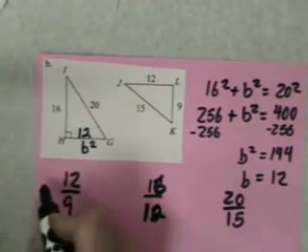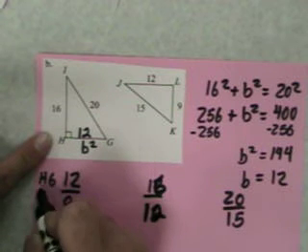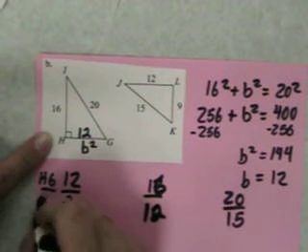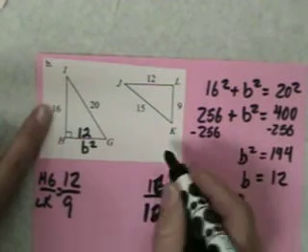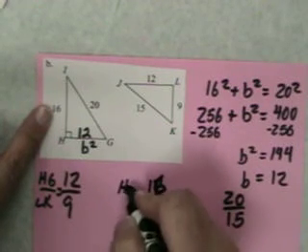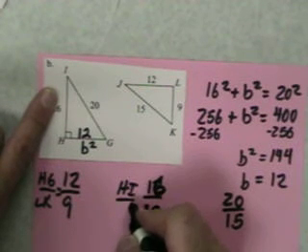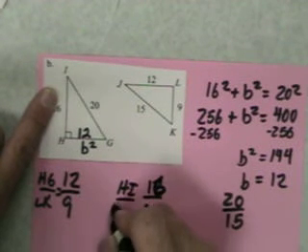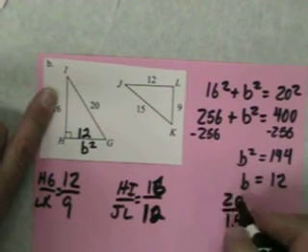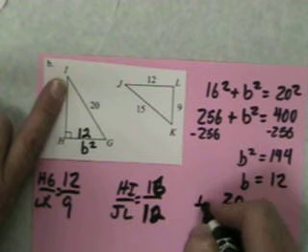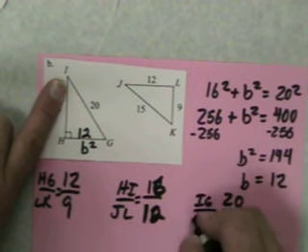Those are the sides HG over LK and HI over JL and IG over JK.